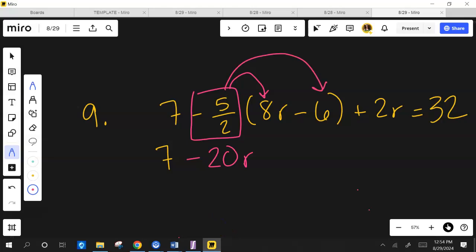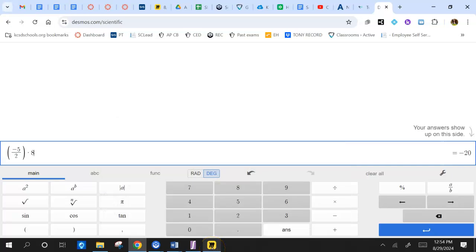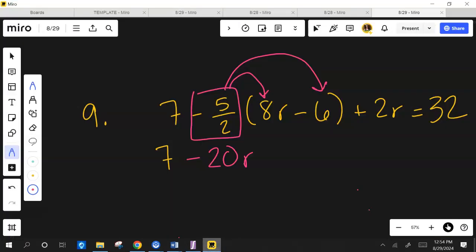So -5/2 times -6. Positive 15, right? Positive 15. Now I've still got the plus 2r equals 32.